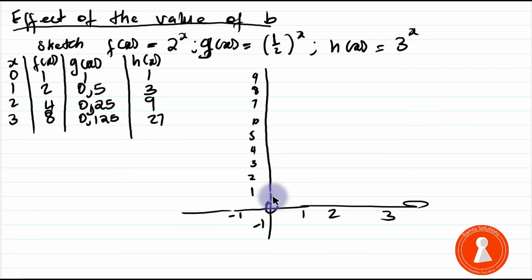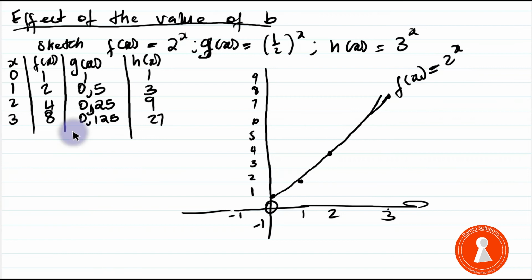It starts here. 1 has 2, 2 has 4, 3 has 8. Please remember guys, this is not a straight line. Okay, so this is f of x equals 2 to the x.